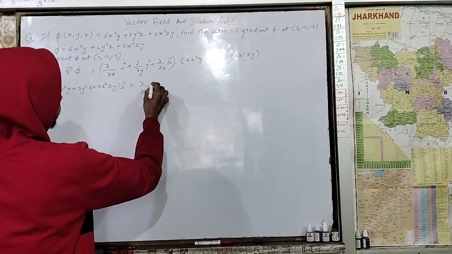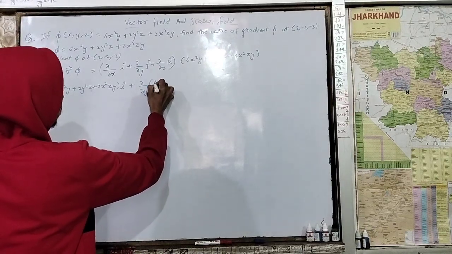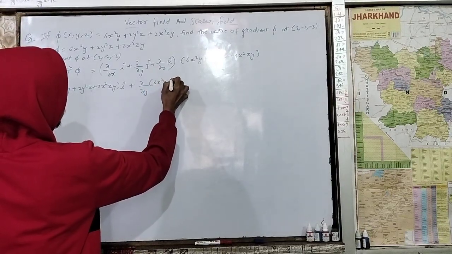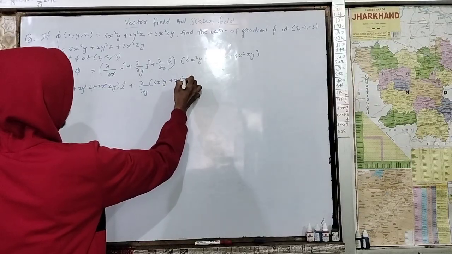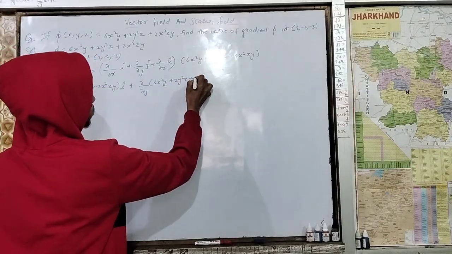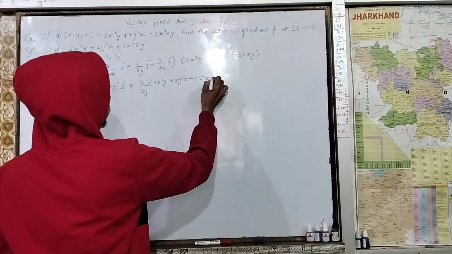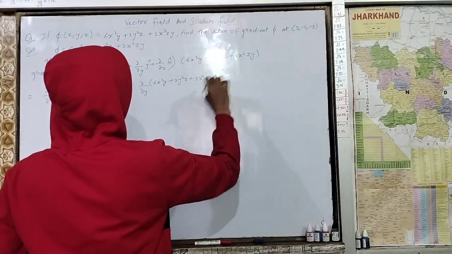Partial derivatives of 6x square y plus 2y square z plus 2x square zy. Okay, no problem.